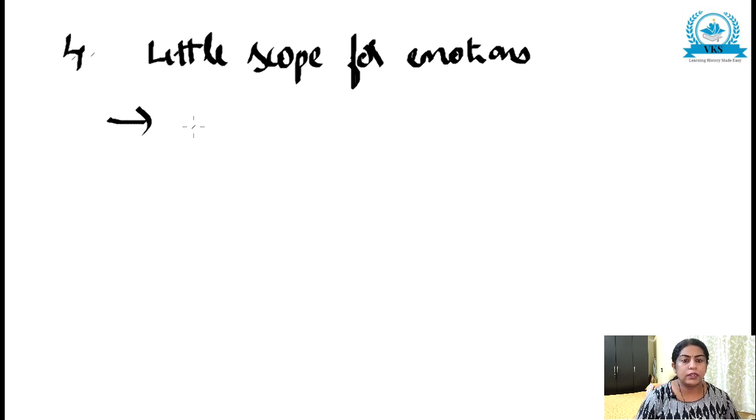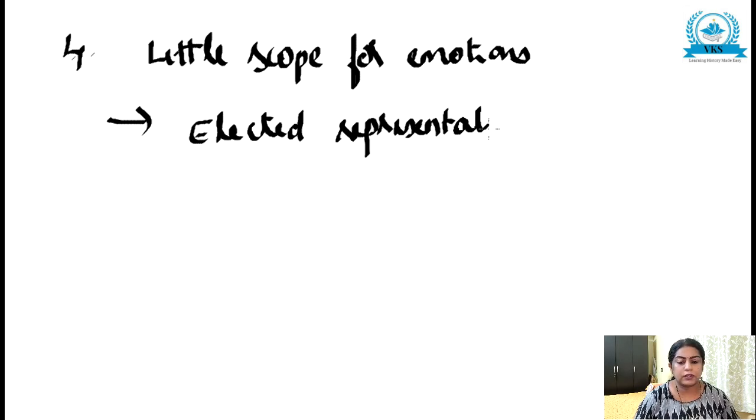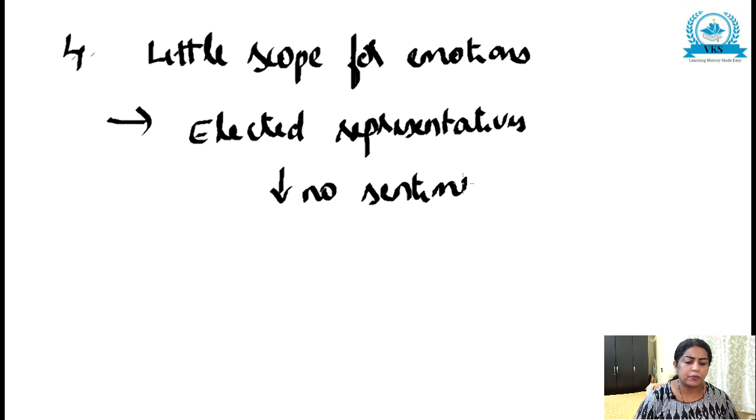See here, the elected representatives are not carried away by passion or sentiment during the time of election, because they are not like an average voter. These elected representatives, the higher level leaders, are elected by the people's representatives. So they are selected with a sense of responsibility.